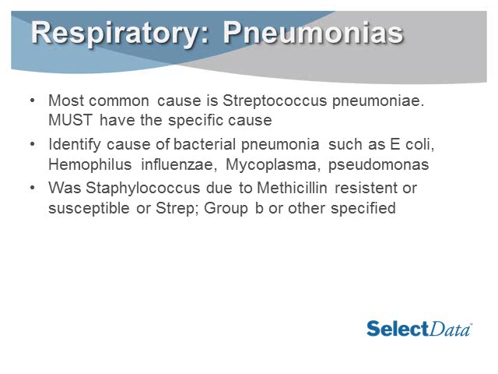And if it was Staphylococcus, is it due to methicillin resistant or susceptible? Or if it's strep, is it group B or another specified strep? So we have to have that specific information. Yes. To code anything that's bacterial or viral, you must have the specific bacterial organism to code for pneumonias in ICD-10. Okay, good to know.